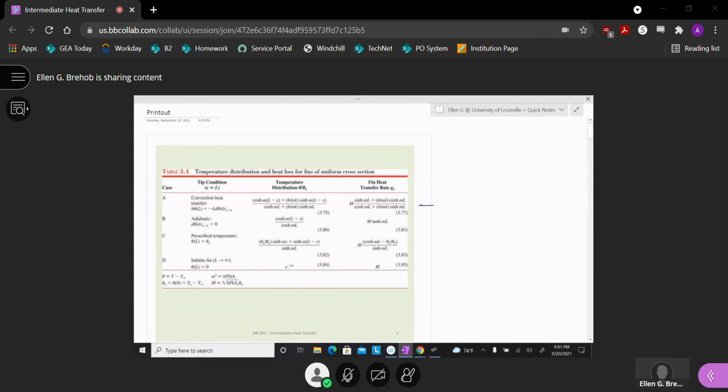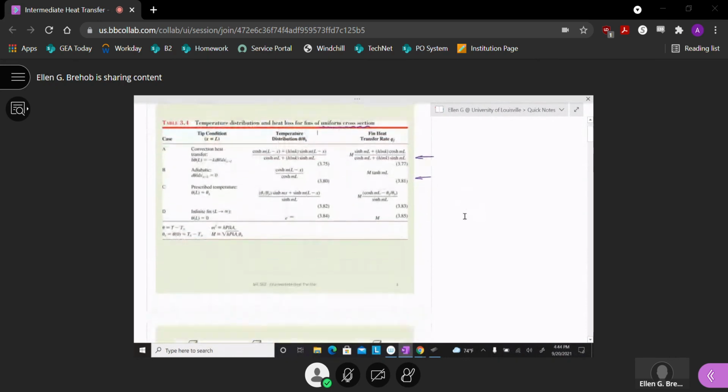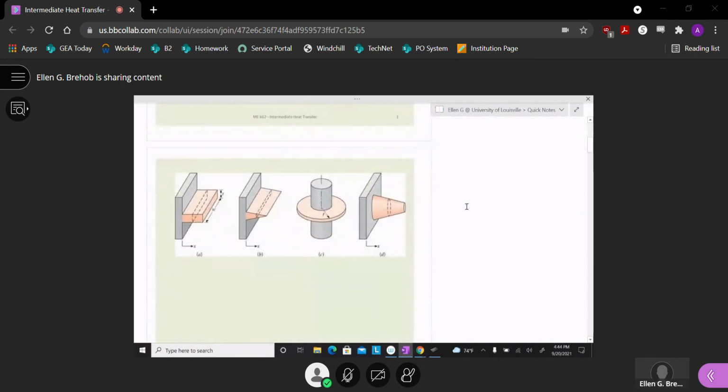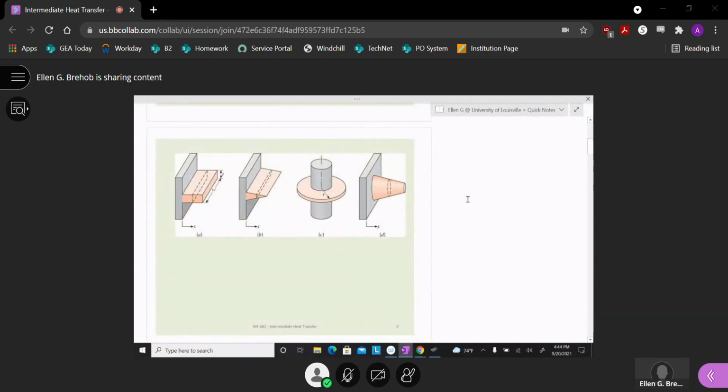These are the 2 cases that we have spent a little bit of time looking at. Okay, and just to remind you that this is for a uniform cross-section. Because now we're going to loosen the constraint on having uniform cross-section. And here's some typical fin types. A is a straight uniform cross-section fin.